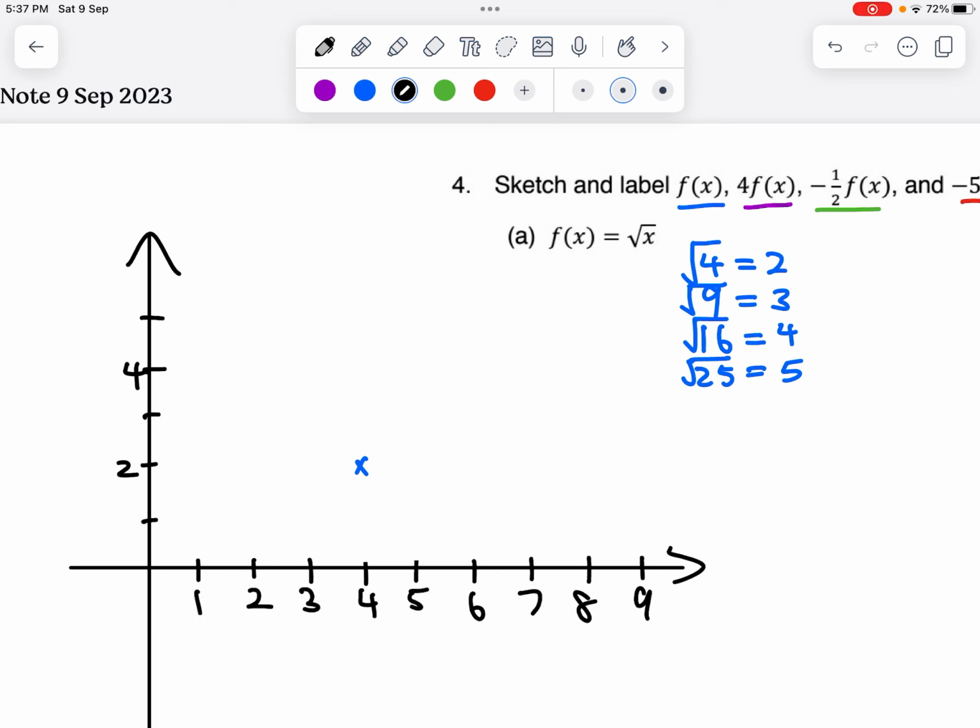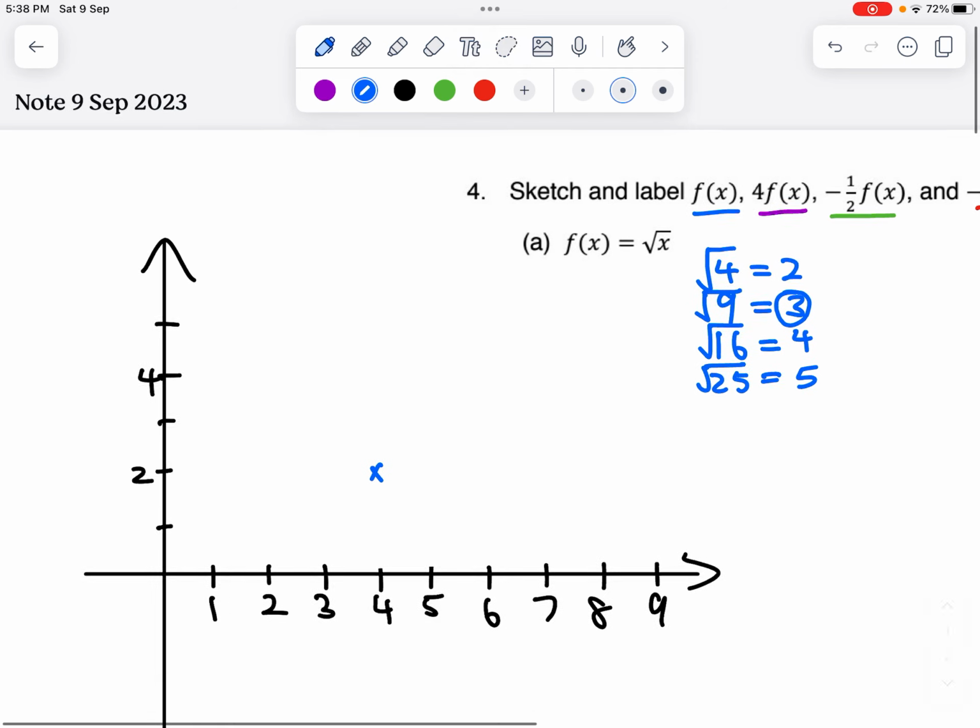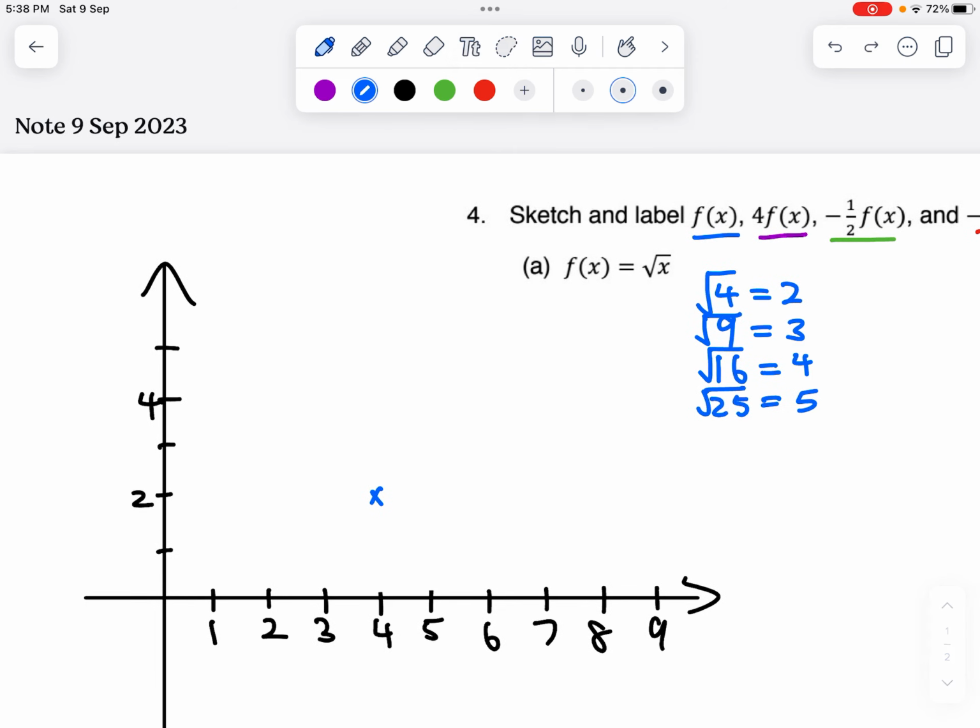Okay, so when x is 9, y is 3. So it would be something like here. And then you can kind of see the pattern here.